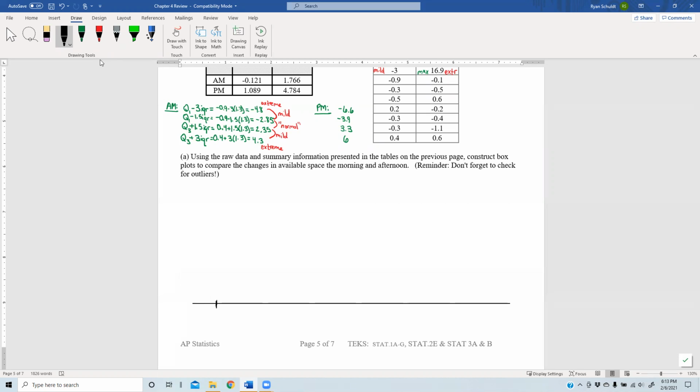In all honesty. Okay, so here's our scale. -5, 0, 5, 10, 15, and 20.